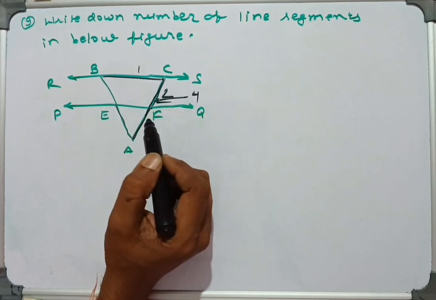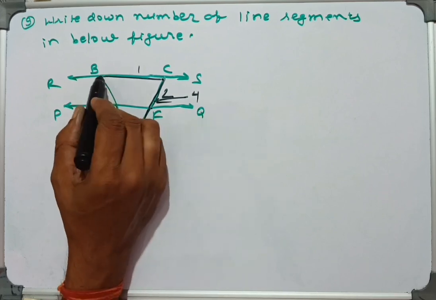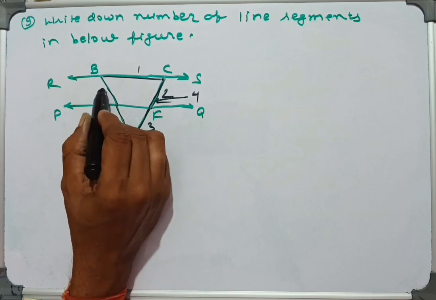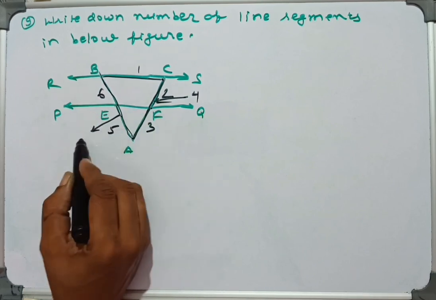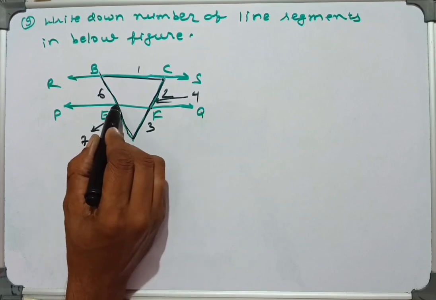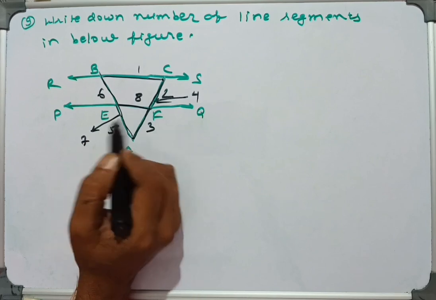Then AE is a line segment, the fifth one, BE is a line segment, sixth one. Now AB is a line segment, this is the seventh one, and the last one is EF, a line segment, eighth one.